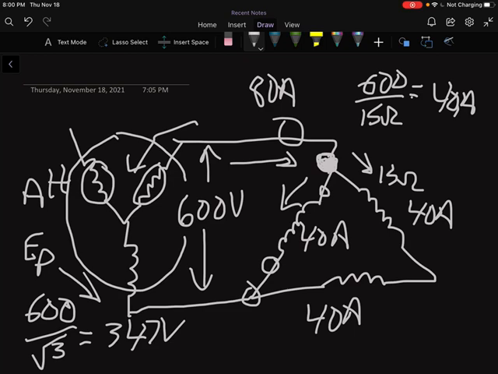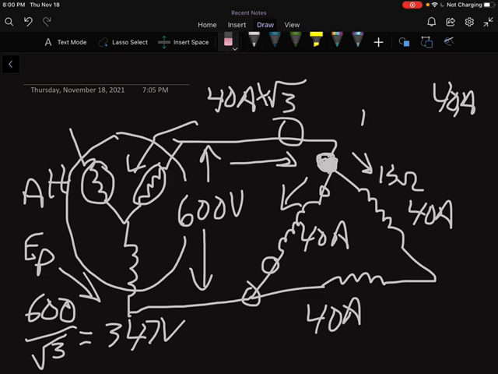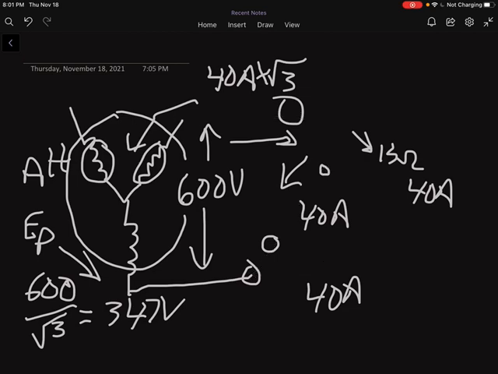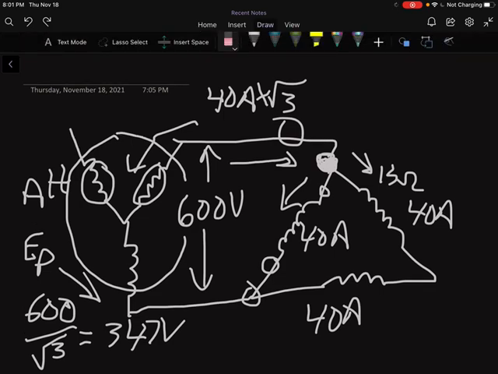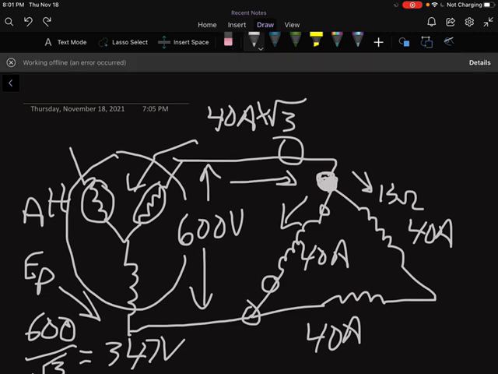But because they're not 180 degrees out of phase, and I'll keep reiterating that, they are 120 degrees out of phase, we take our current of 40 amps and multiply that by root 3, so 40 times 1.732, and we end up getting a line current of 69.28 amps.